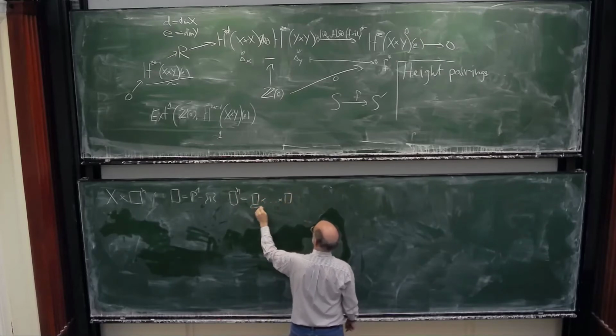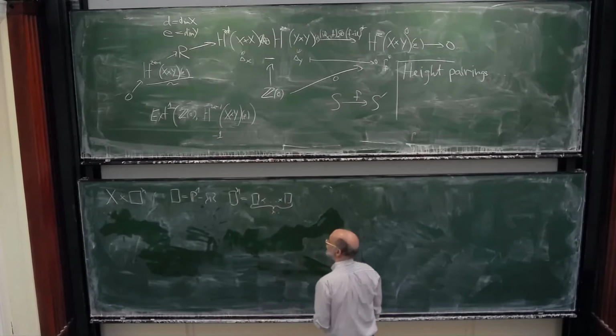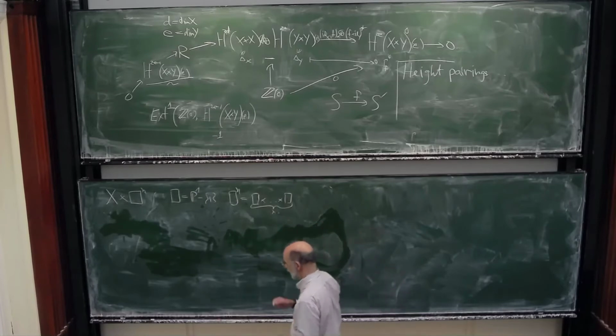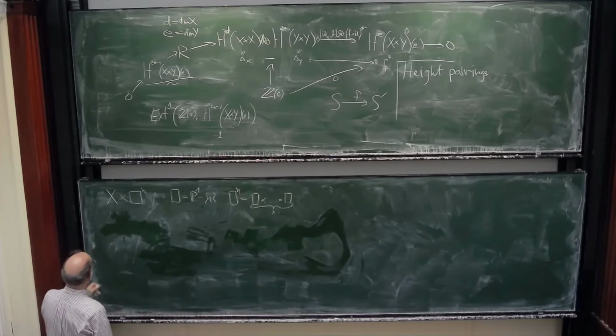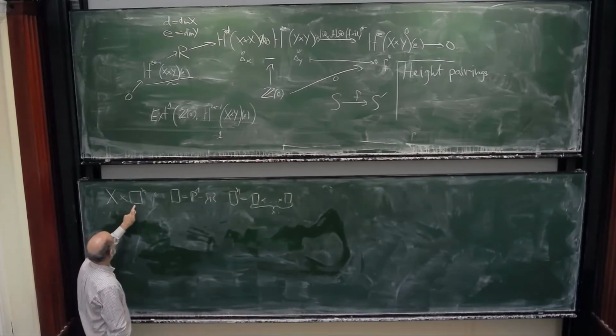Box^n, where box is P^1 minus 1, and box^n is box times box, n times. Okay, so we go back to our algebraic cycle game, and we look at algebraic cycles on here.